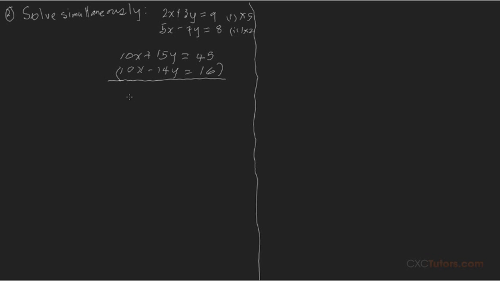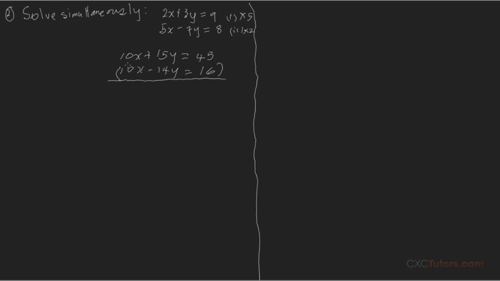Now why do we subtract? We are eliminating the x, and since the signs are the same, we have to subtract the one equation from the other. It can be the second from the first or the first from the second.